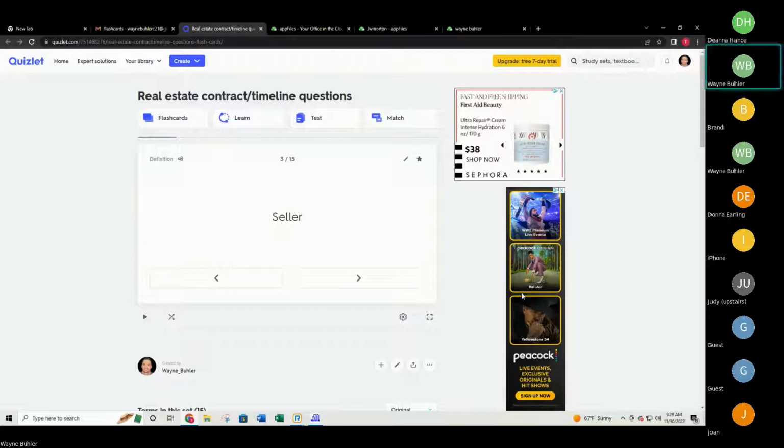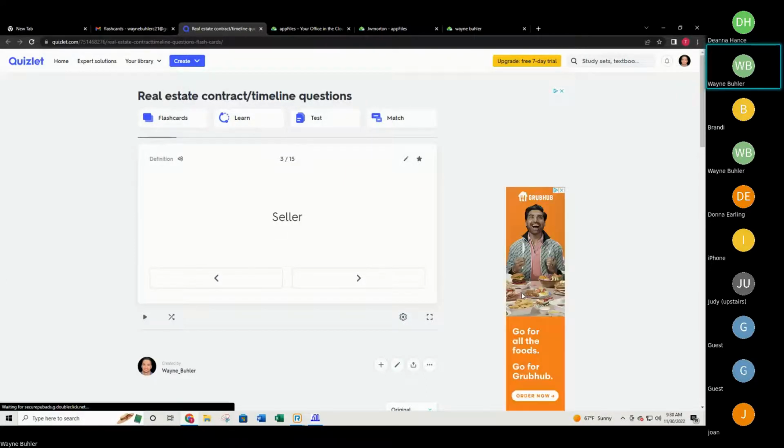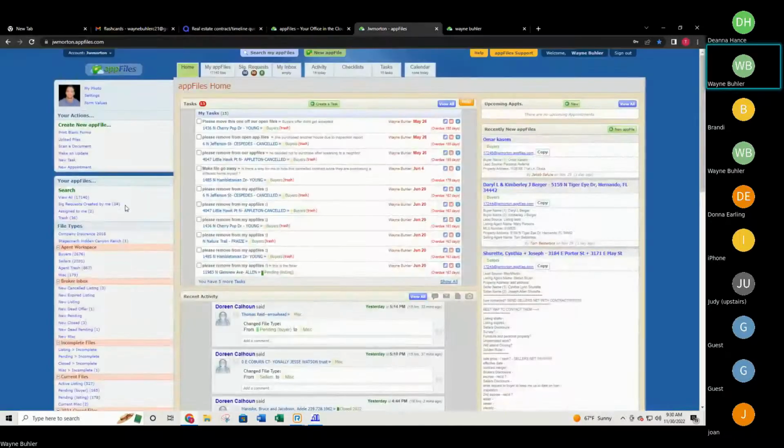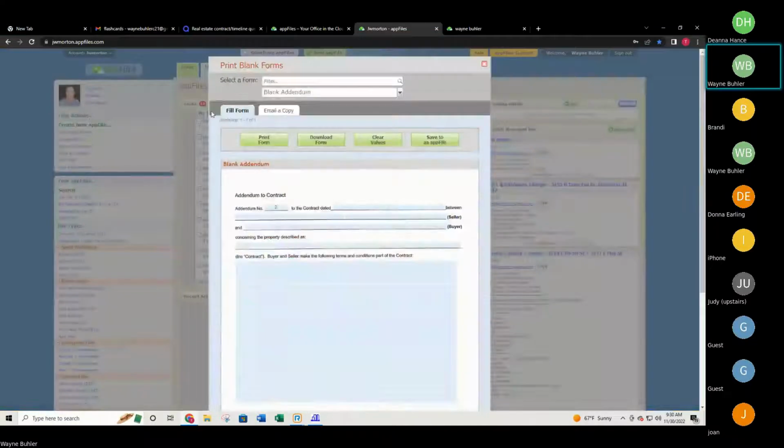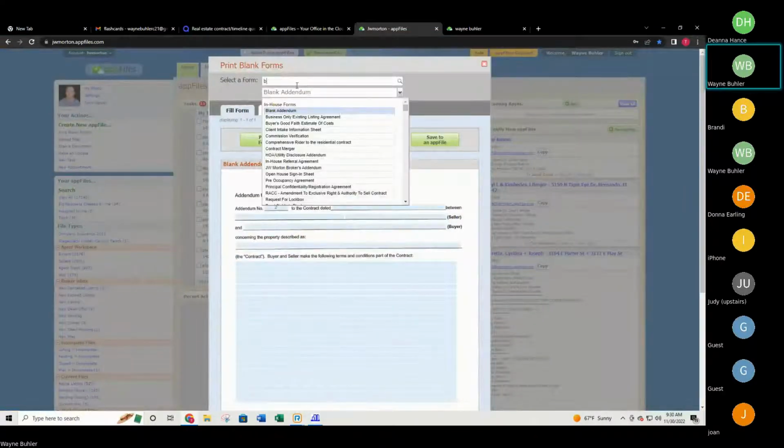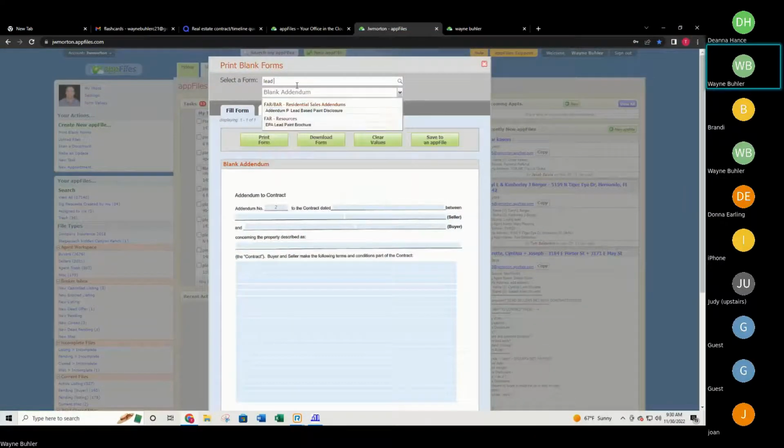I'm not sure. And this is going to come in the form of a question. Can you, as the buyer's agent, go ahead and fill it out and send it back for the seller to sign? No. You don't want to ever fill that out because you don't know it all. Because remember, on a lead-based paint disclosure, there are a couple of questions that you ultimately have no knowledge of. Correct.